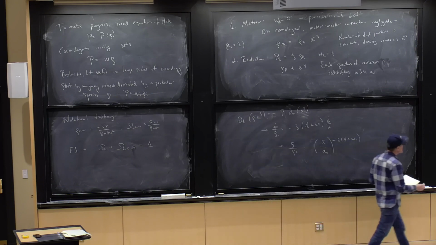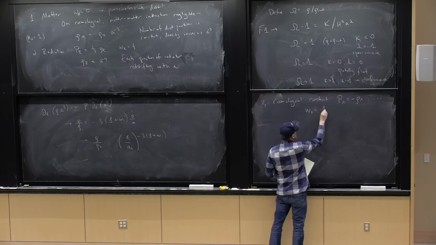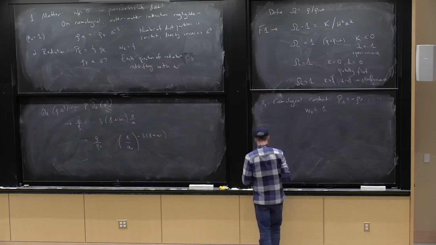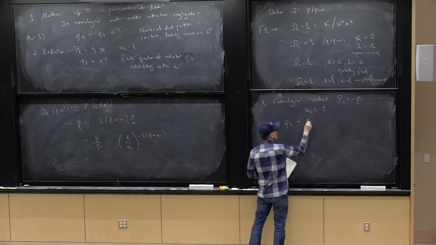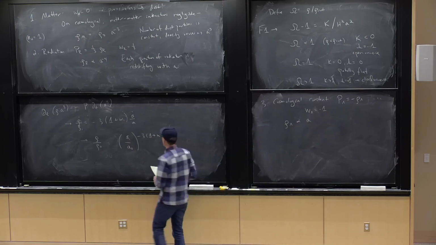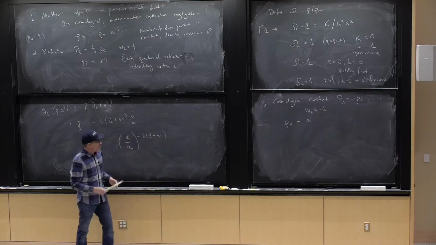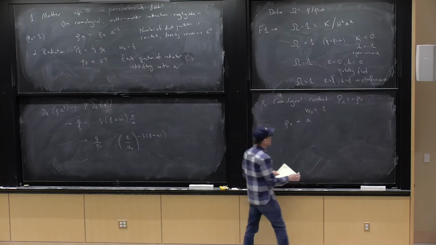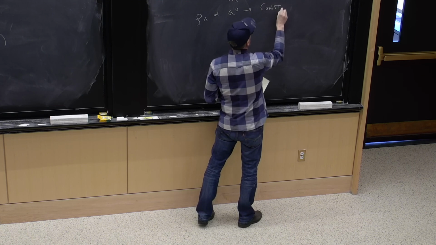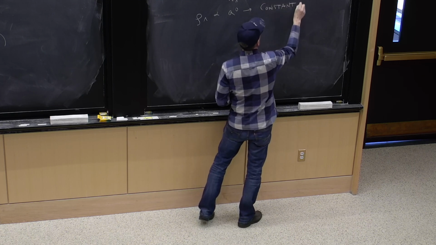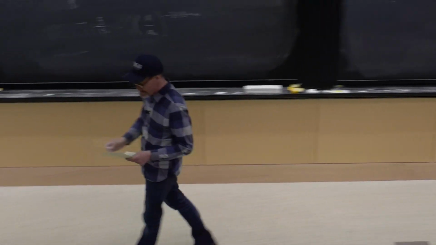This corresponds to an equation of state parameter W equal to -1. If I go to my form here, I plug in W equals -1. Rho goes as a to the 0th power, a constant. Well, it is a cosmological constant after all, so that shouldn't be too surprising.